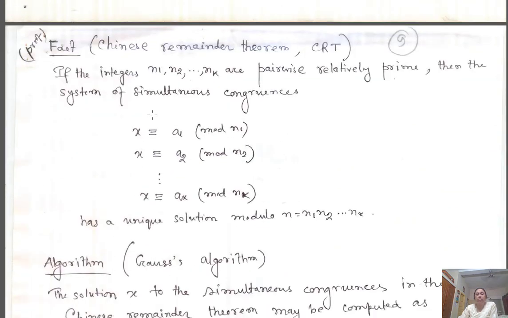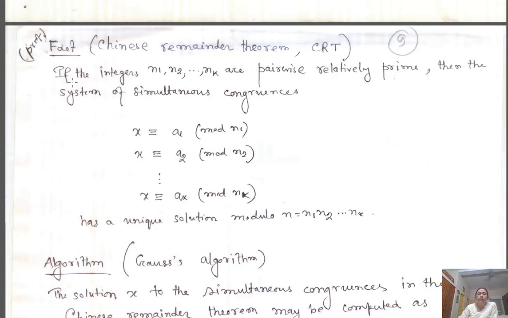So x is congruent to a1 modulo n1, x is congruent to a2 modulo n2, x is congruent to ak modulo nk, and these n1, n2, nk are mutually coprime. That means if you take any two ni, nj, i, j from 1 to k, then their GCD is 1.